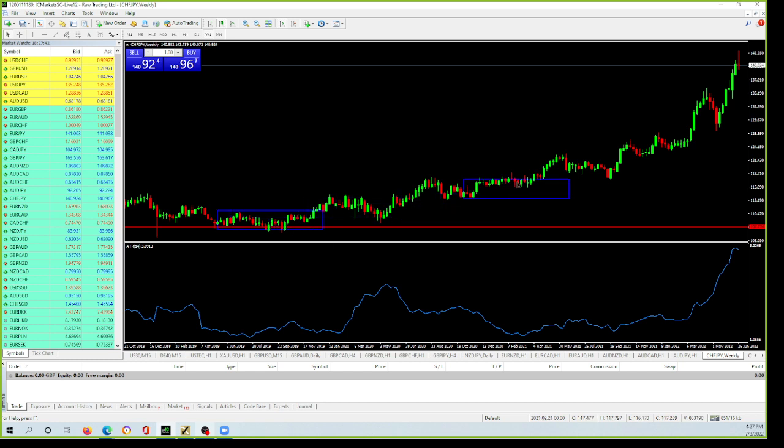And this is another consolidation, and you can duplicate that. You don't trade consolidation. Wherever you see a consolidation, you put this box there.